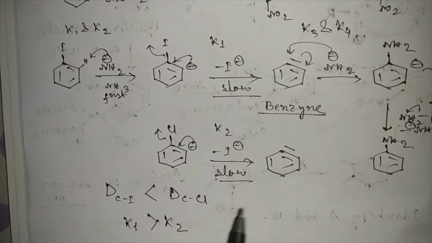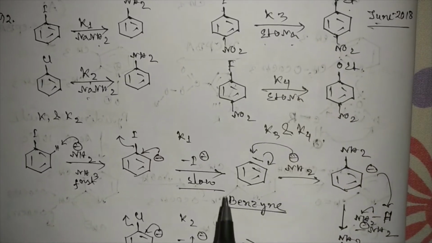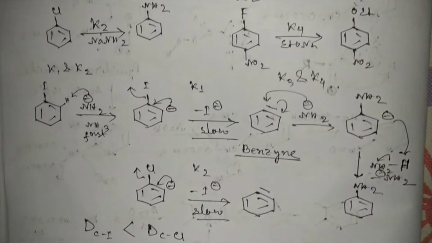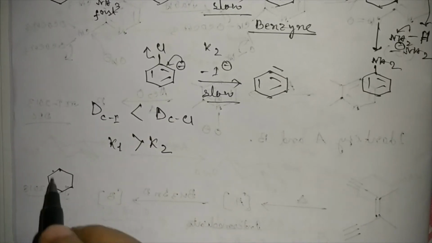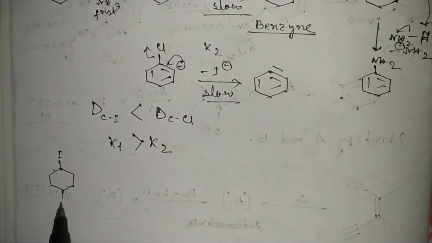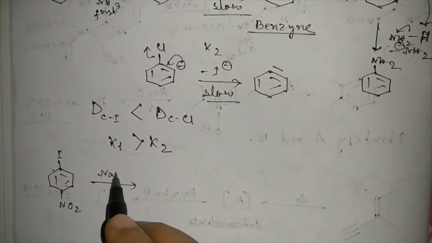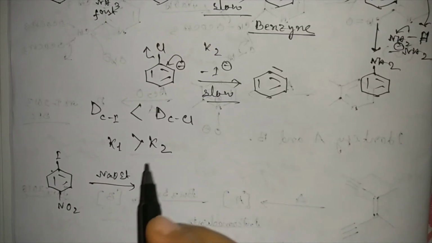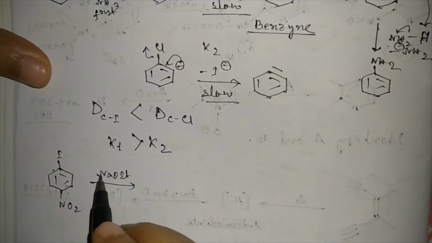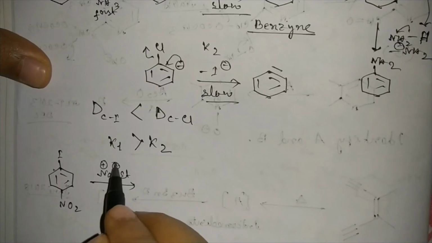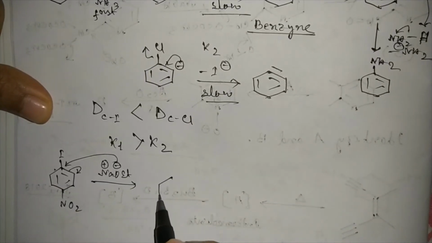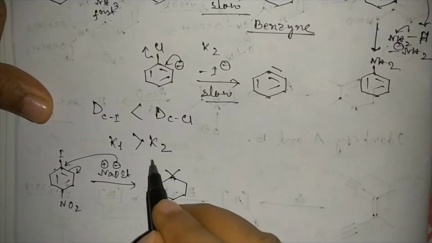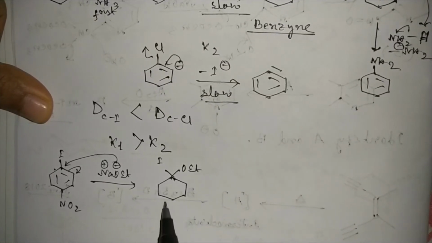And on the other hand, for the other two reactions, para-nitroiodobenzene, if it is treated with NaOEt, then what will happen? OEt minus will attack this carbon.